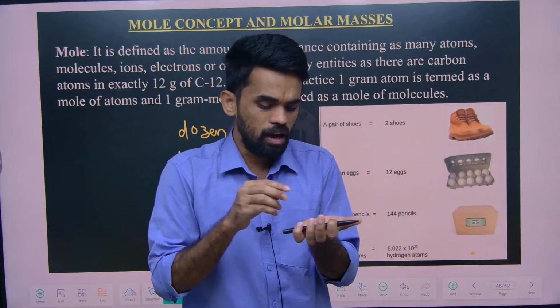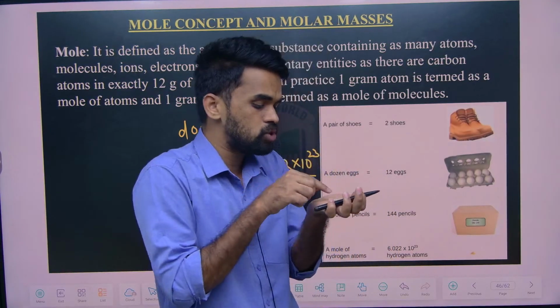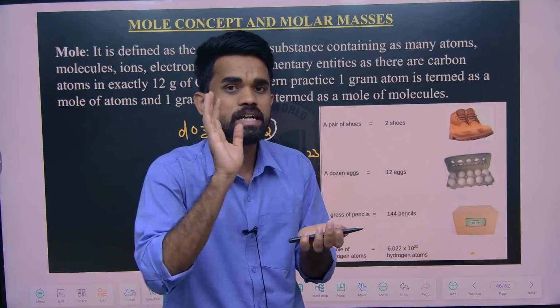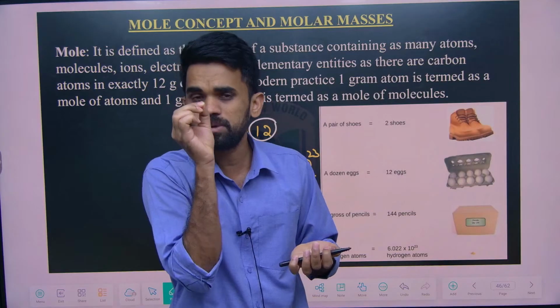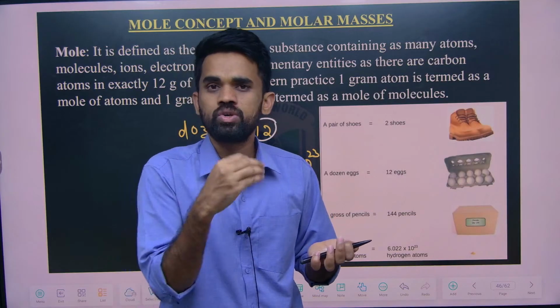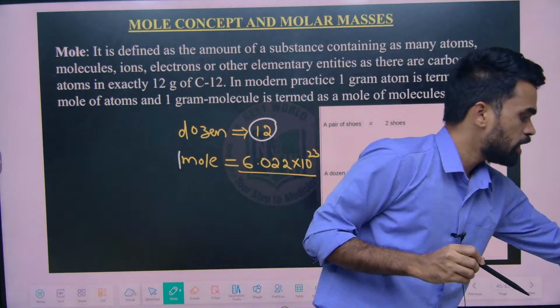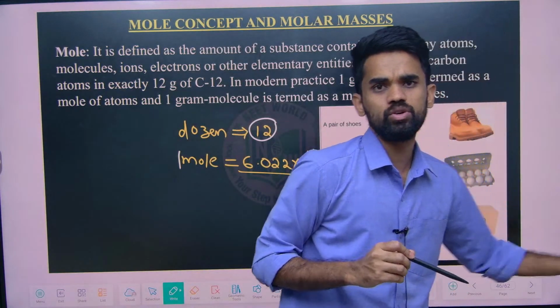Now if someone asks you to count how many sodium atoms or chloride ions are there in the given salt, it is highly difficult because atoms cannot be seen with our eyes. It is difficult to count manually like this. So that's why we use the term mole.